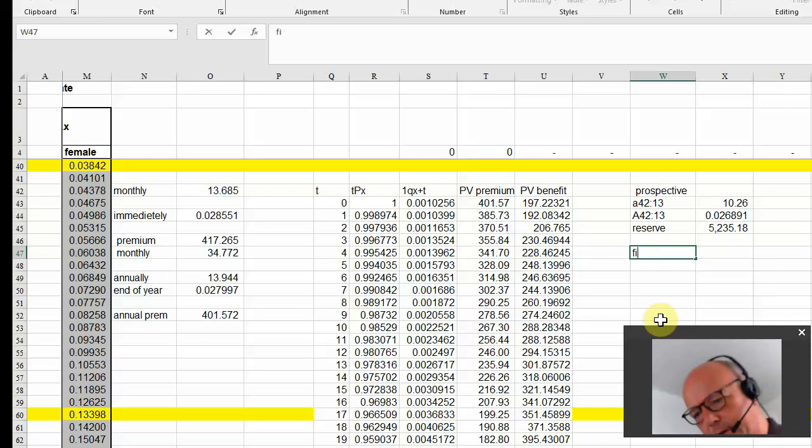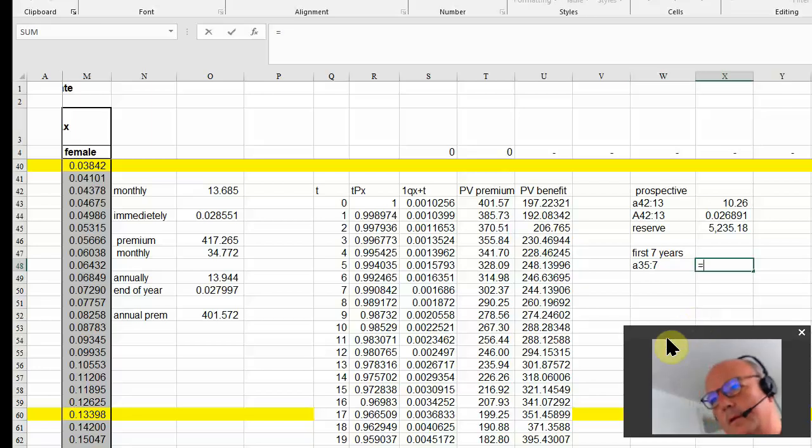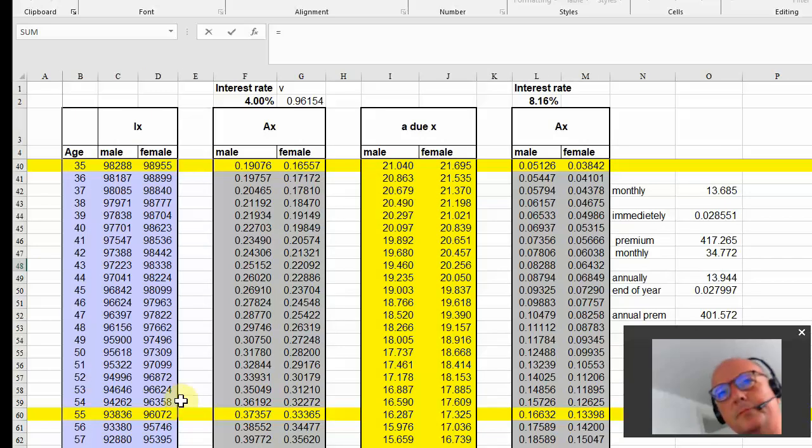Now let's look at the first 7 years. So we've got A 35.7. That is going to be equal to A35 minus that over that times 1 over 1.04 to the power of 7 times that.